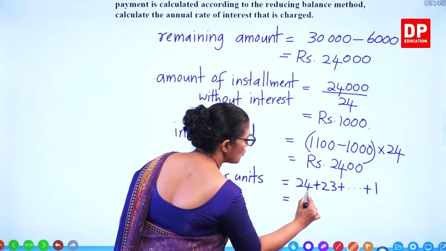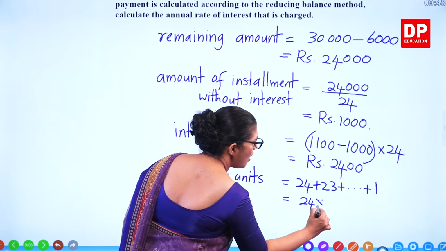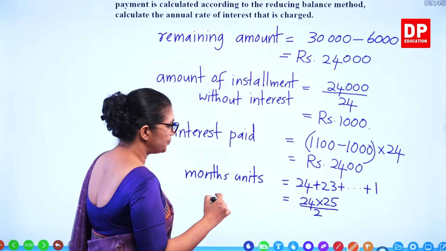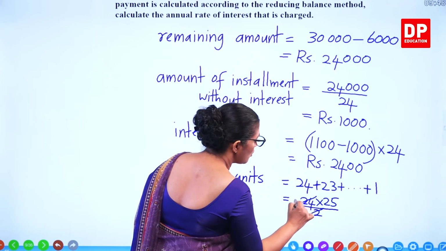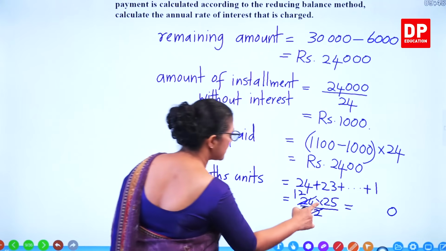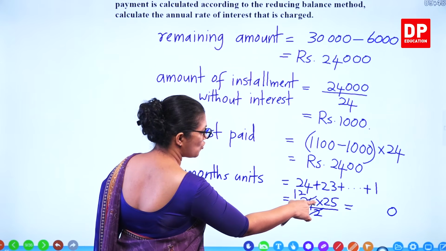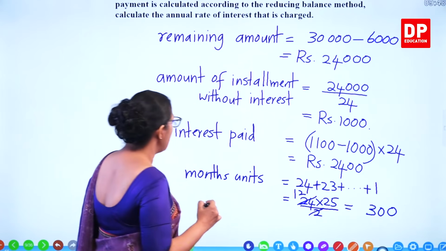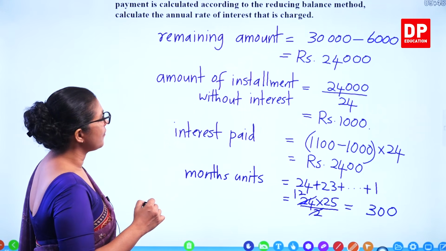There's a formula. So you take 24, multiply by the next number, divide by 2. 12 times 25. So 60. 12 times 2, 24. And that's 300 months units are there.